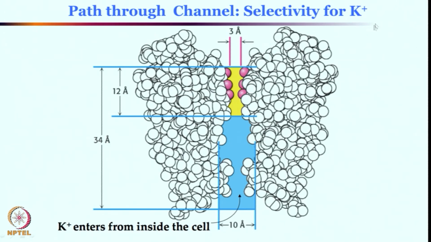Only the medium size potassium goes through, but lithium and sodium cannot pass through, although size wise they fit perfectly to pass through. Let us try to look at what is the selectivity factor that governs or controls this, that prevents lithium and sodium passage and allows only potassium passage.